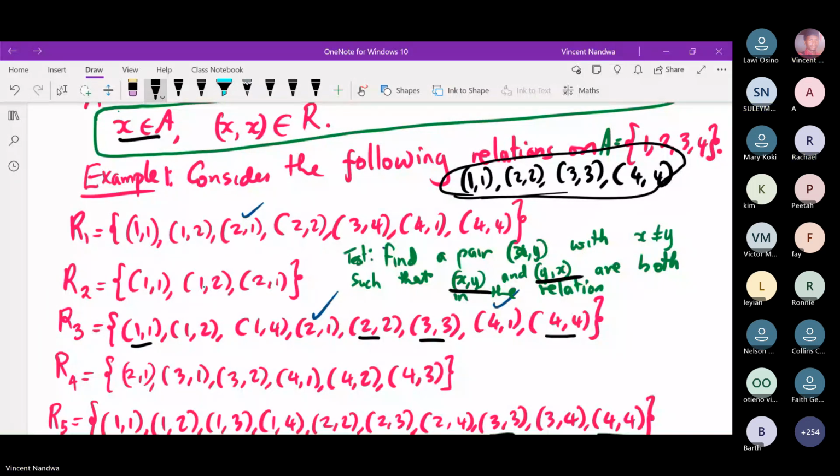1, 1, there's no problem. 1, 2. Is there a 2, 1? Yes. So is it antisymmetric or not antisymmetric? Not antisymmetric.